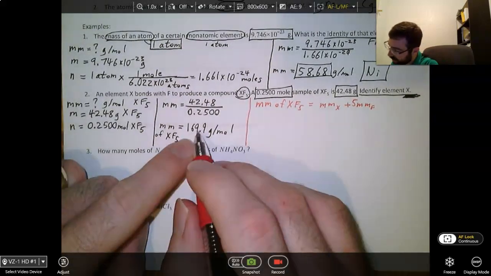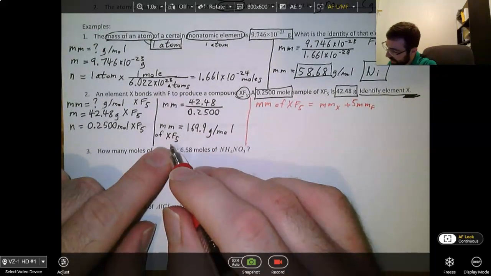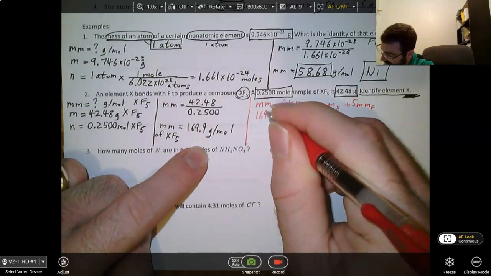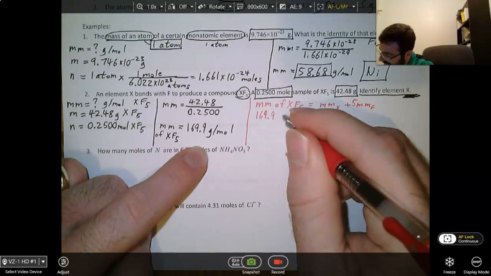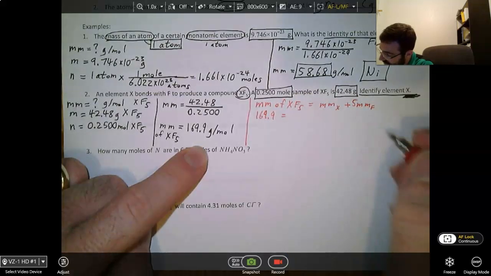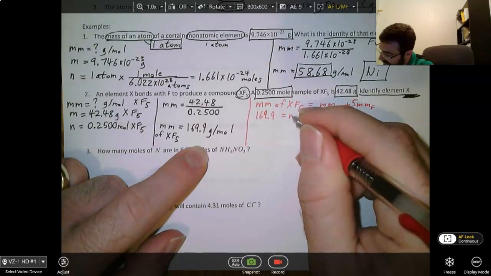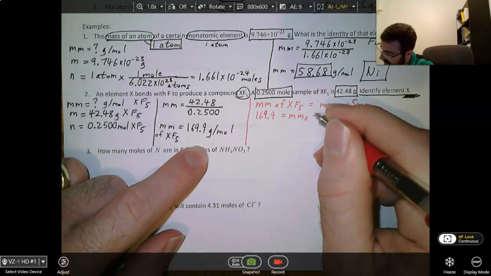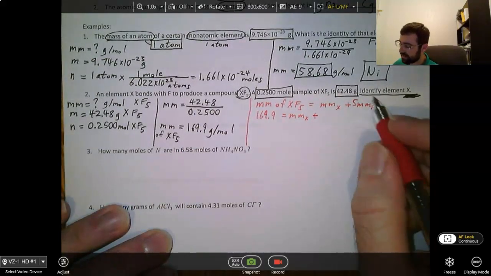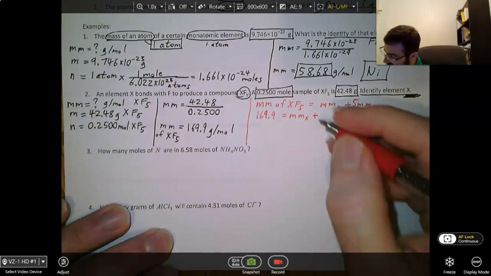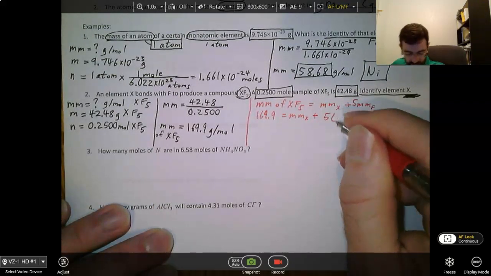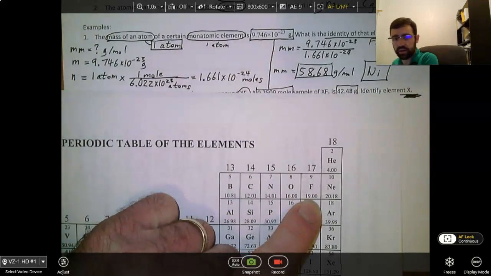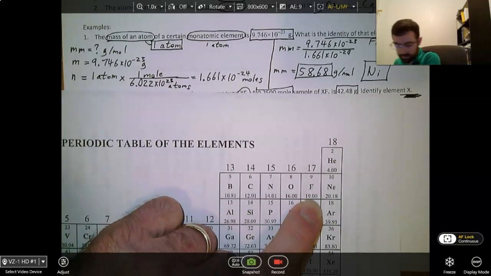But I do know that the molar mass of XF5, 169.9, equals the molar mass of X plus 5 times the molar mass of fluorine. The mass of fluorine on the AP periodic table says 19.00.